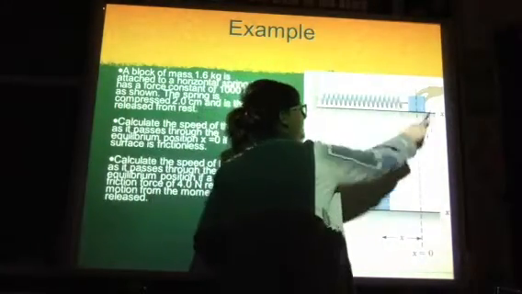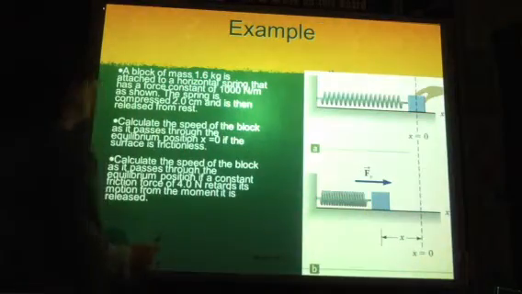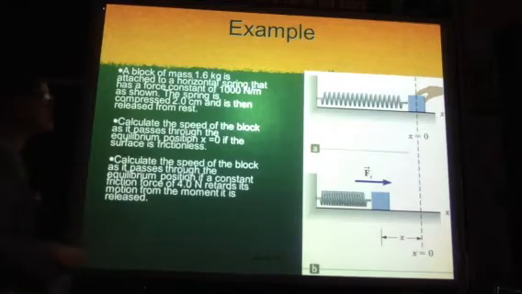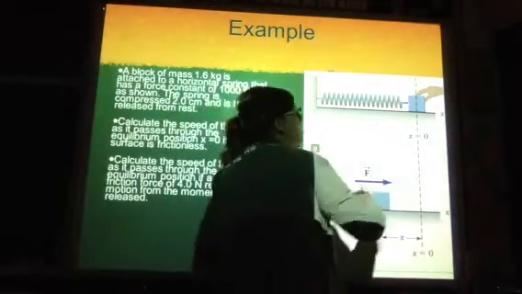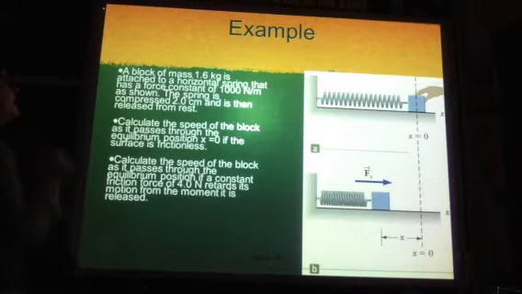Remember, it's starting at its equilibrium position, and now we're going to compress that spring 2 centimeters, and then release the block. The first part of this question says to calculate the speed of the block as it passes through the equilibrium position, x equals 0, and let's assume that the surface is frictionless.